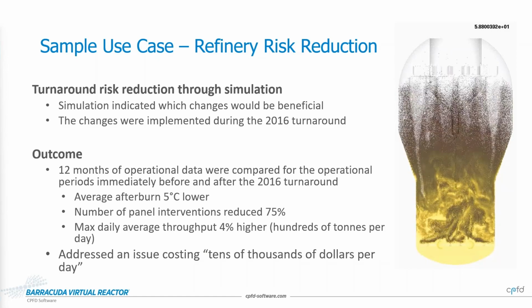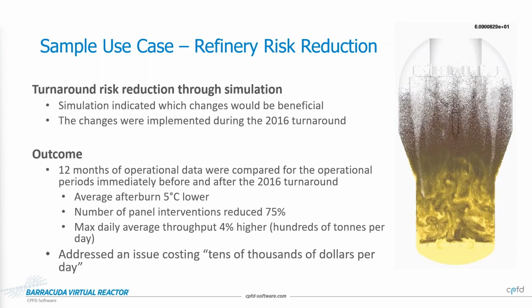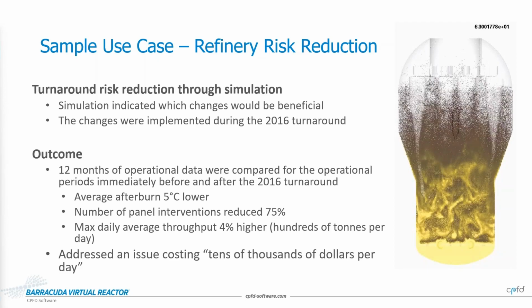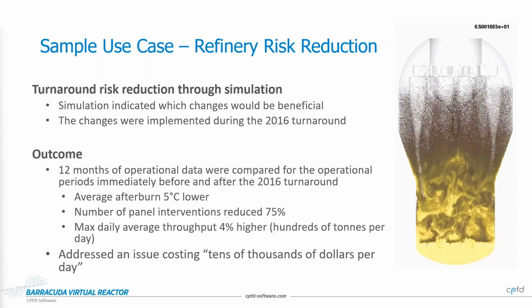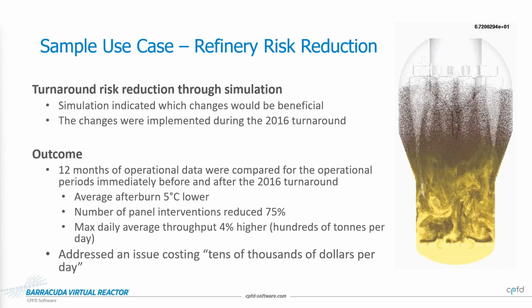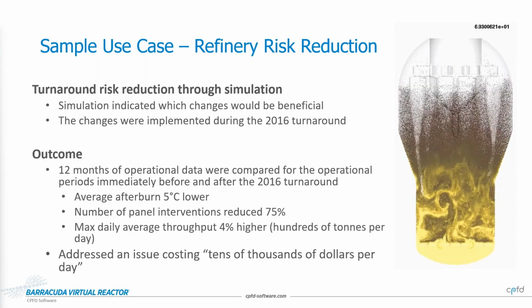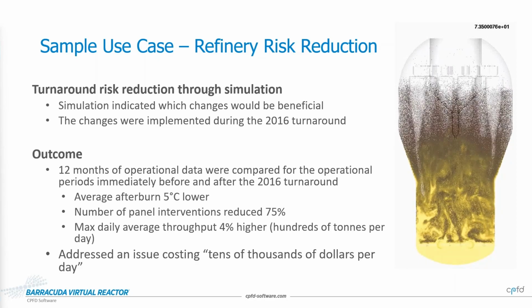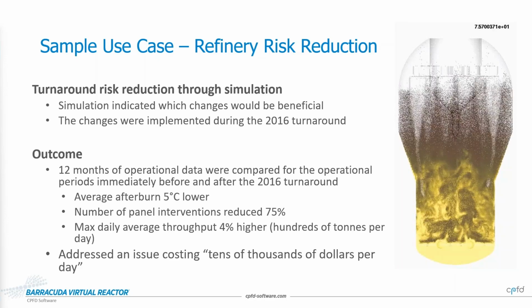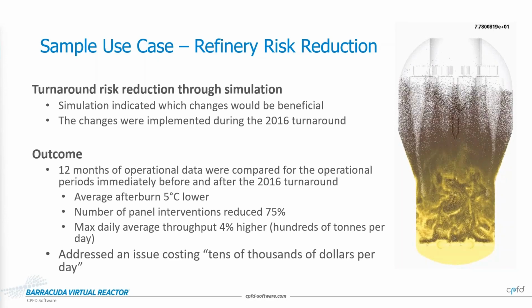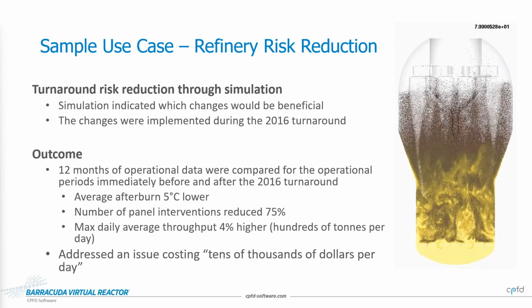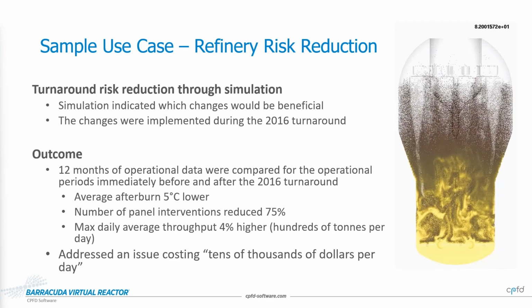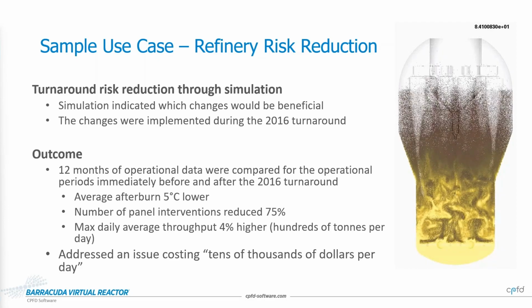And the outcome, they compared 12 months of operational data before and after that turnaround. The average temperatures were lower, not a big deal, 5 Celsius. But those transient excursions, the number of panel operator interventions went down 75%. And they could get 4% max throughput through the unit, addressing the issue costing tens of thousands of dollars per day. So this is sort of a historical use case.